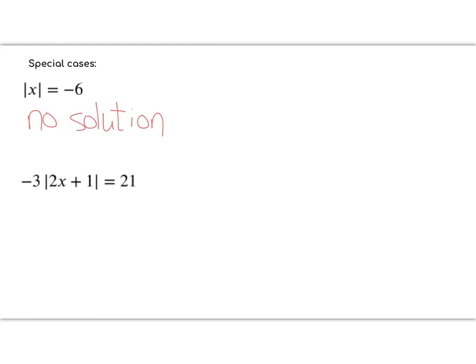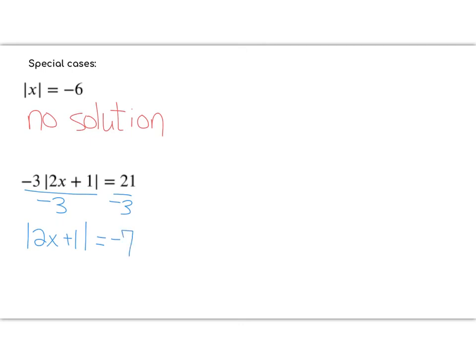There's nothing to work. Okay, so this one we see negative 3 times the absolute value of 2x plus 1 equals 21. Well, that's multiplication. I see this 21 over here. So far, I'm good. But I need to divide both sides by negative 3 to isolate that absolute value. And I get the absolute value of 2x plus 1 equals negative 7.